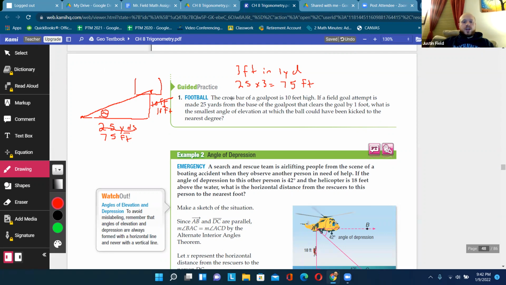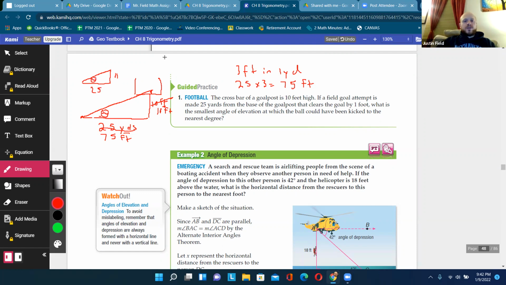we want to know the smallest angle. So we didn't talk about that last week, but it won't be too much of a stretch from what we did. So our triangle, just one more time, is this triangle, 11, 25, and this is what we want to find, this angle.